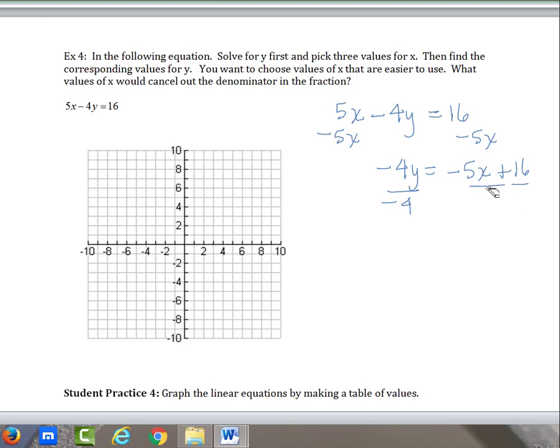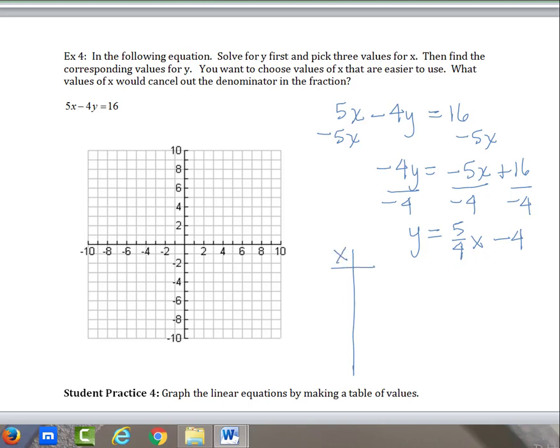We're going to write this as 2 separate fractions by dividing by -4 right away, each term. So I'm going to divide that by -4, and I'm going to divide that by -4. Remember, I want to get this in the form of y equals, and this is going to be 5/4 x minus 4.